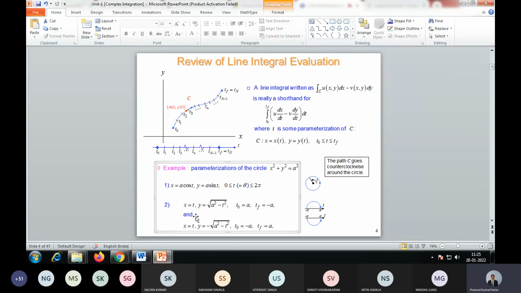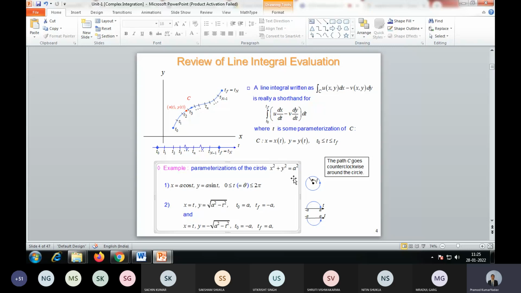There is another parametric equation also. I have been discussing it. You may assume x equal to t, then y will come plus minus square root of a square minus t square. So plus minus will depend upon the direction.